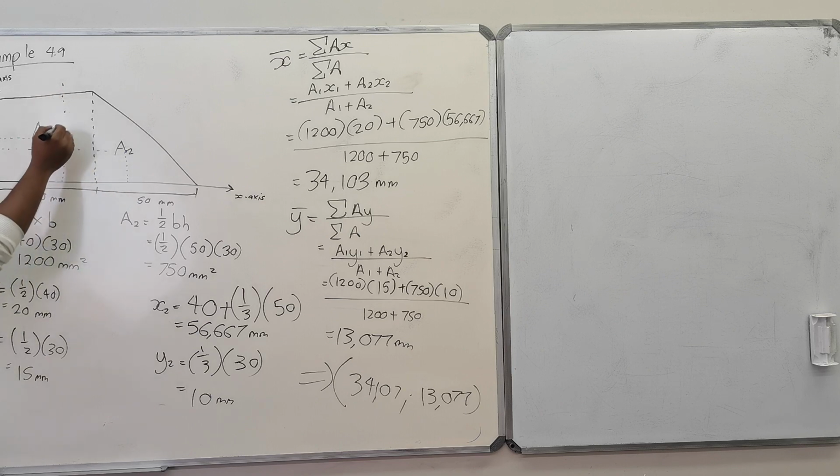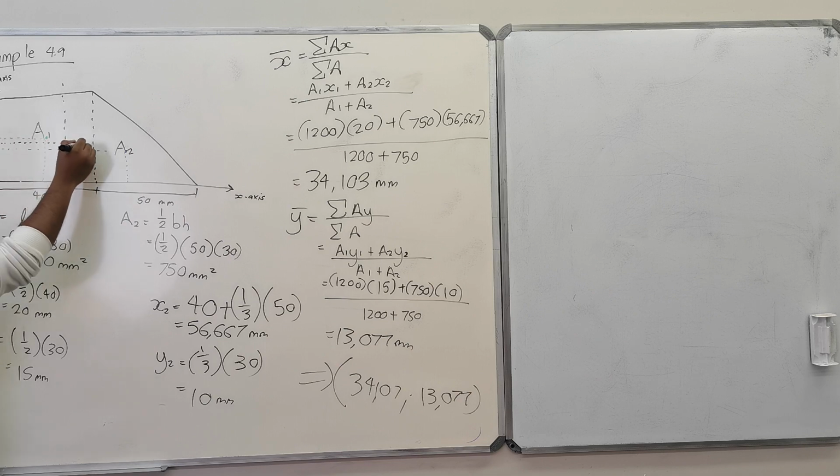That will be 34. And where 13 is, that's about half of 15, so it's somewhere here. At that point there, that would be the center of your entire shape. That's what we basically worked out: the coordinates of the center of the entire shape.